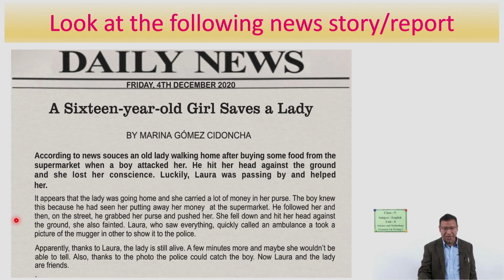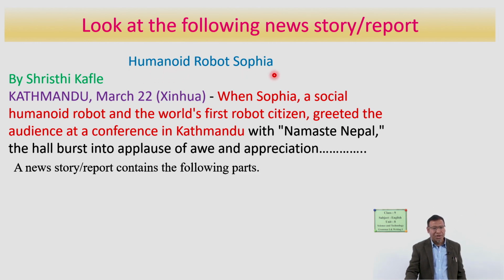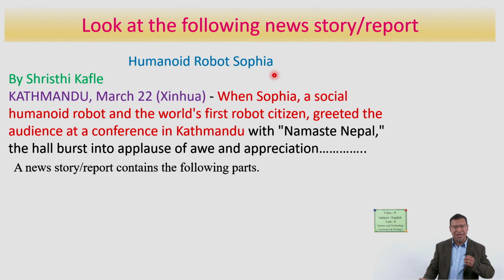Now let me take you to another part with which you are familiar, because we learned Unit 8, entitled Science and Technology. In the Science and Technology unit, in reading one, there is a news story. The title of the news story is Humanoid Robot Sophia. When you look into your book at this topic, you can see the structure.